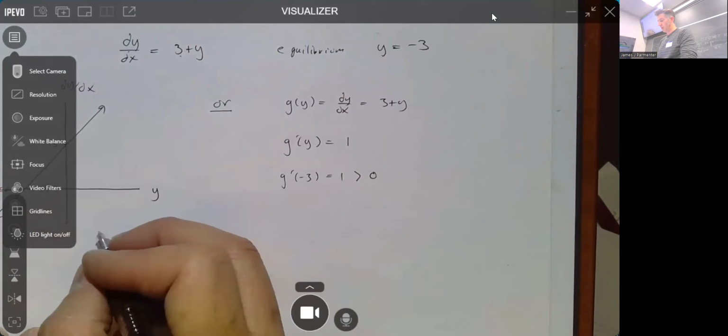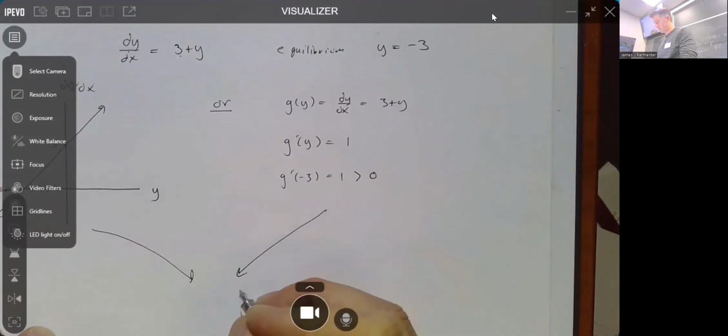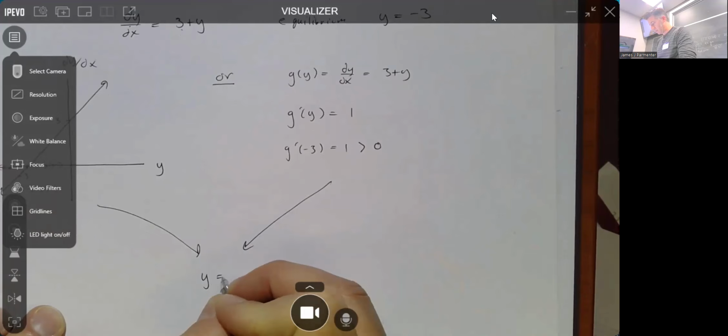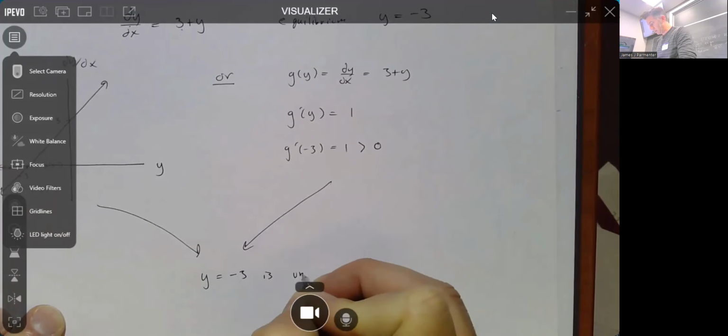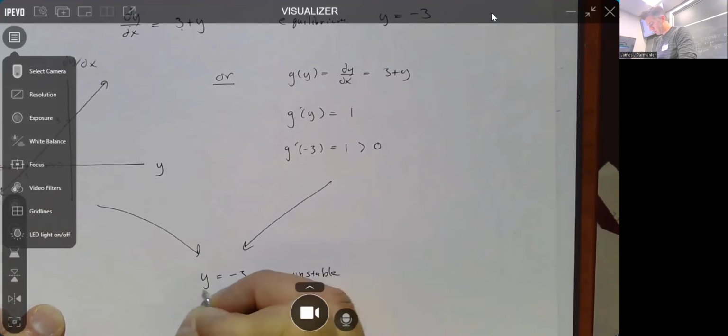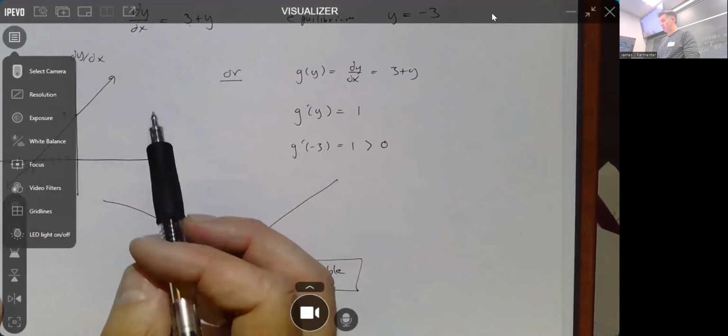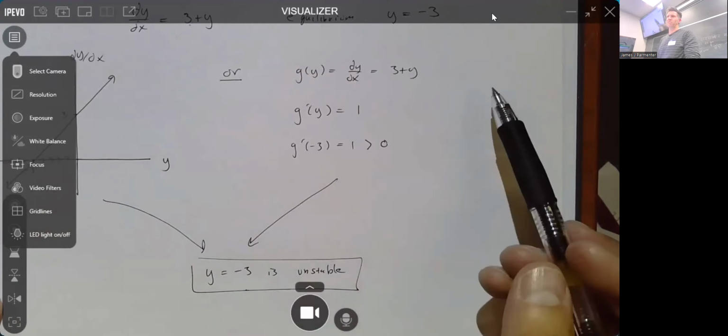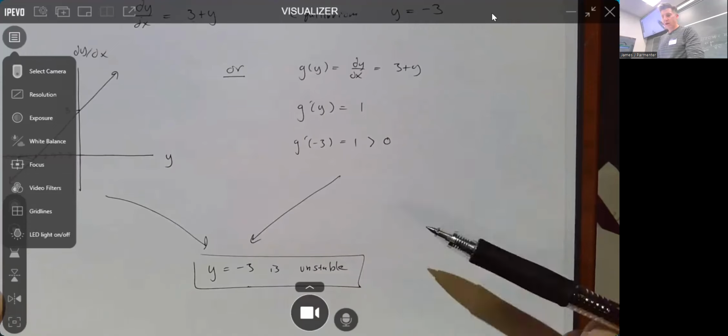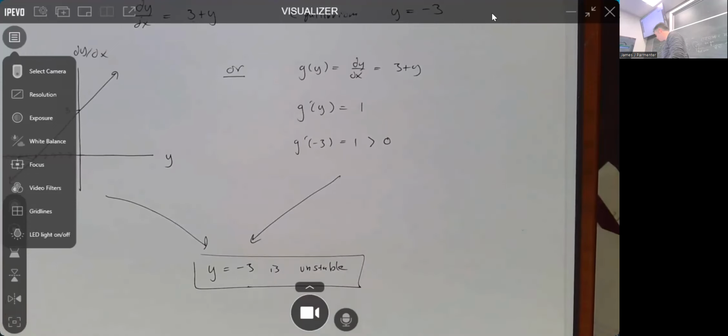So no matter which way you want to say it, both of these things lead us to the conclusion that y equals -3 is unstable. It's nice to see the connection between the things we've been doing with the phase plot, or the other way we test to see if it's stable, and the actual direction field.